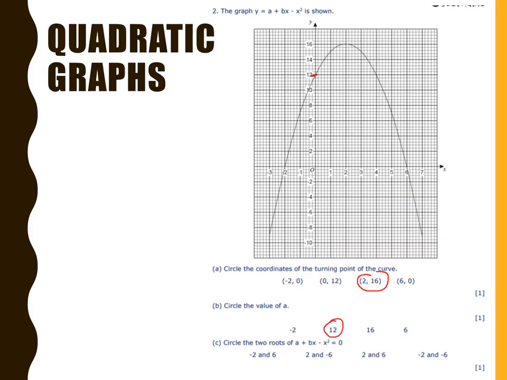And then circle the two roots of a plus bx minus x squared equals 0. When we have something like this equals 0, this is the clue. What they're saying is that y is now 0. So y equals 0. What did we discuss before?